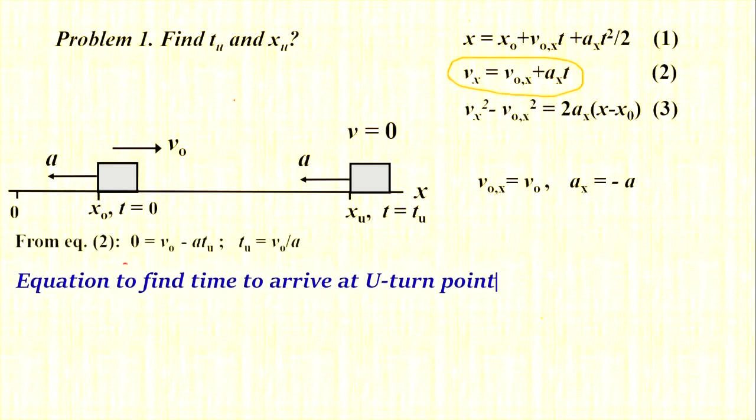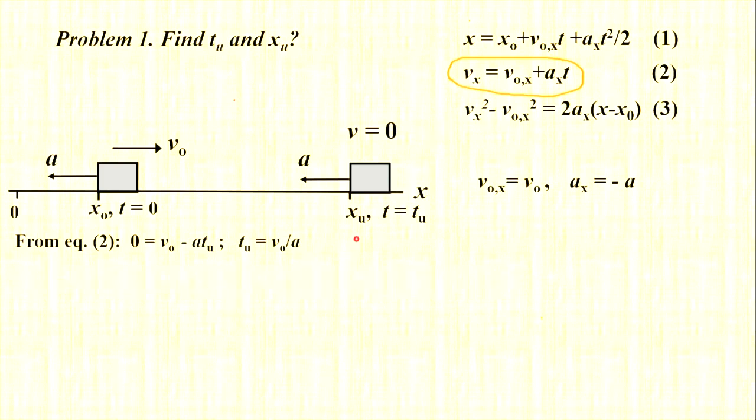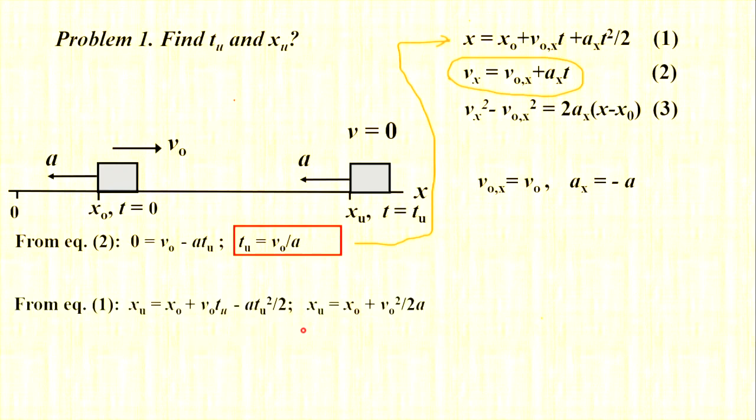So plugging in these values, we have this simple linear equation for the time to arrive at the U-turn point, and this time is given by this simple expression. To find the position of the U-turn point, we plug this time into the first equation, and by direct calculations we can find this answer for position xu.